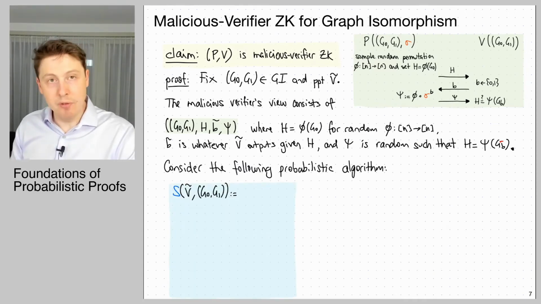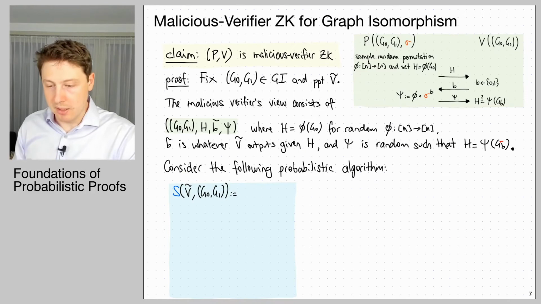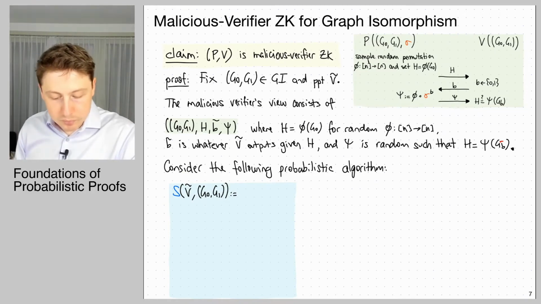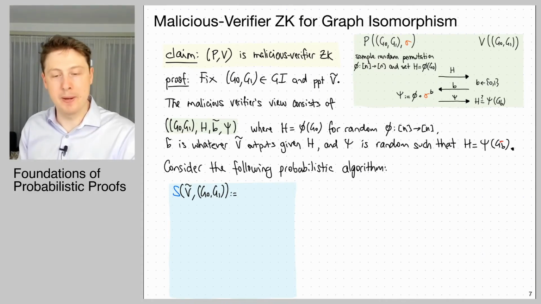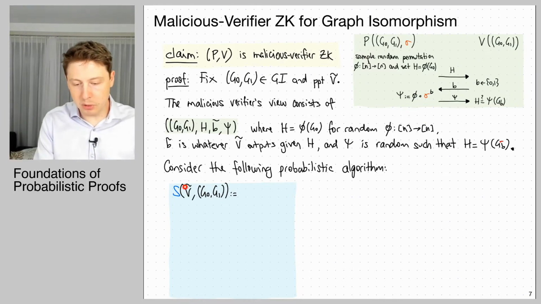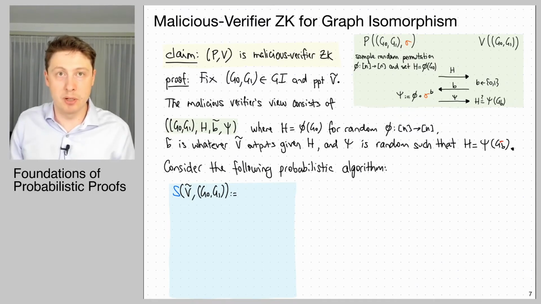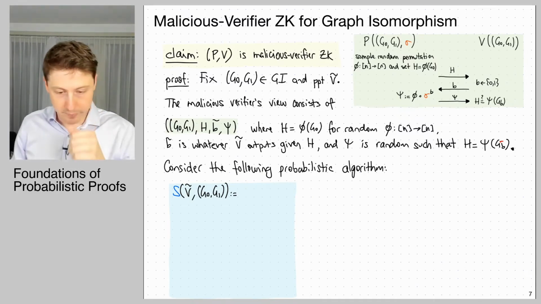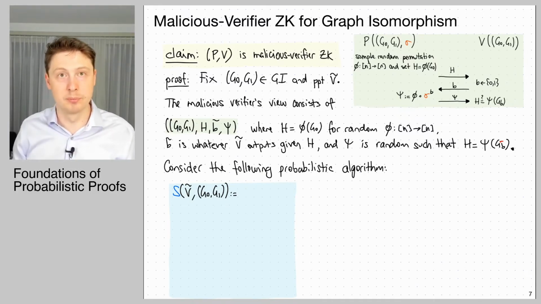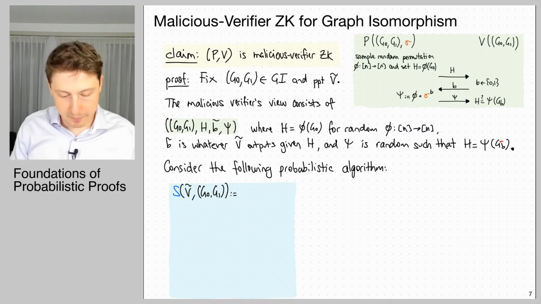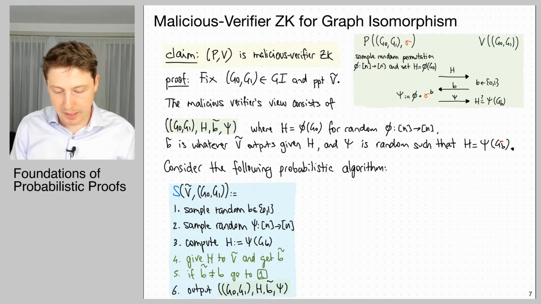Now, like before, we need to exhibit a simulator that now we are allowed to run in expected polynomial time, and it has to be able to produce this random variable. Obviously, we're going to have to use the verifier itself somewhere, because we can't know a priori what the verifier is going to do, which distribution it is going to use. So here are the steps. Let's go through them.